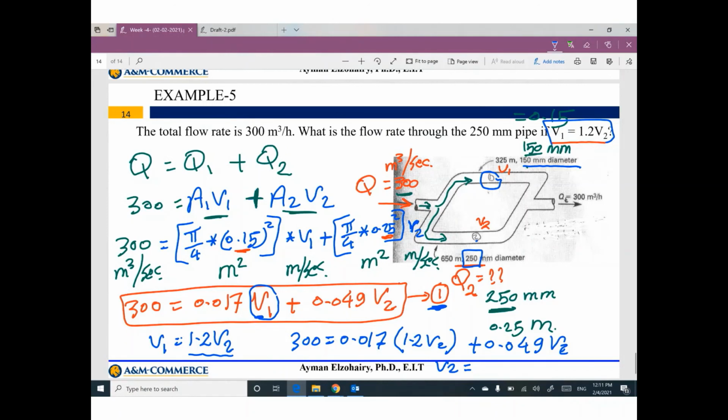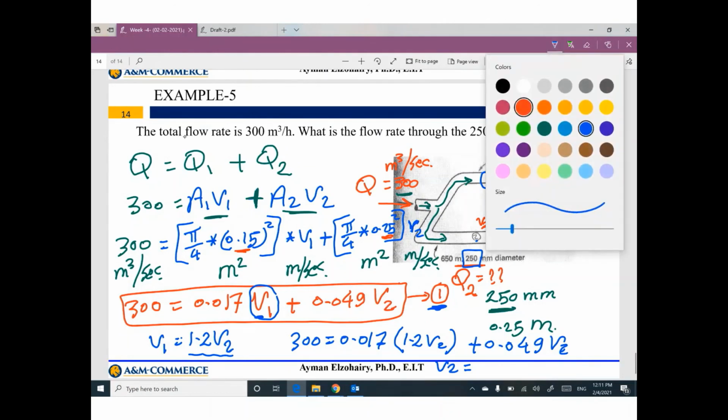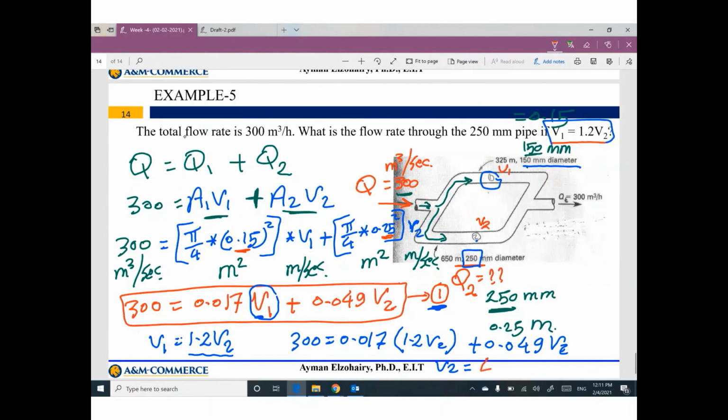V2, oh, I'm sorry, wait a moment, equals 300 divided by (0.017 times 1.2 plus 0.049). V2 will be 4,322 meter per second.